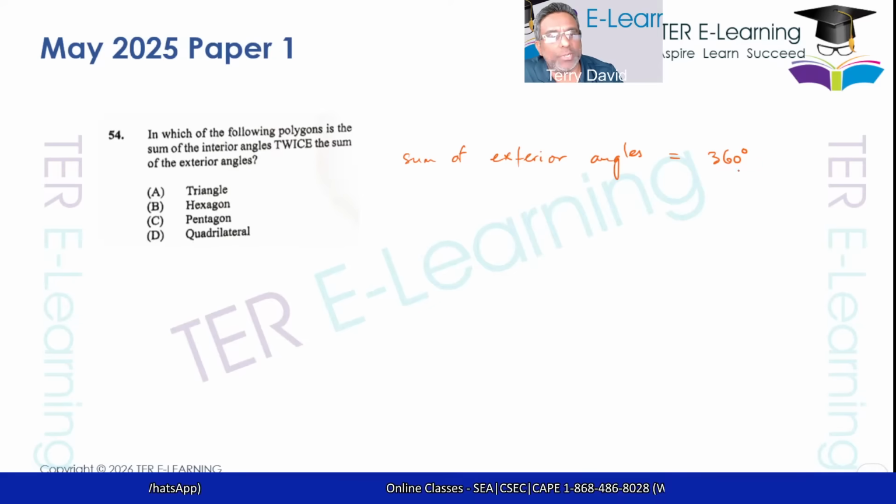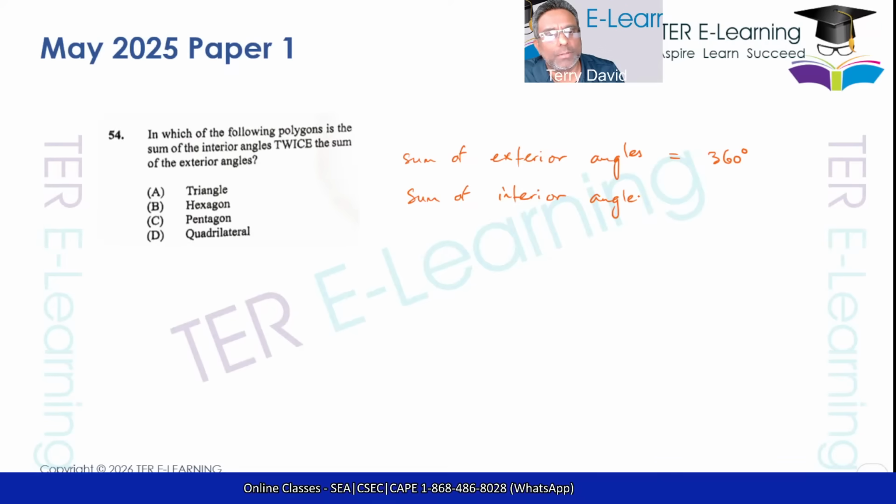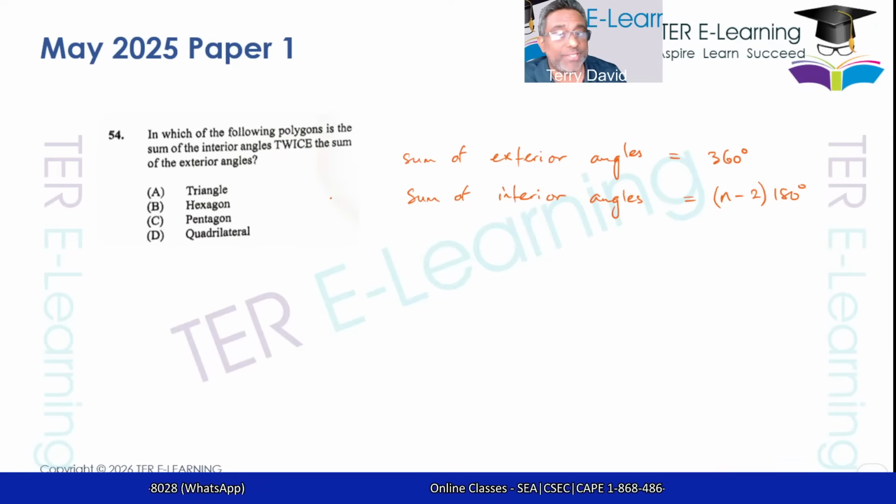Doesn't matter what polygon it is, the sum of the exterior angles adds up to 360. Now, the formula for the sum of the interior angles, right, is equal to n minus 2 multiplied by 180. Right, that's the formula we use to work out the sum of the interior angles.